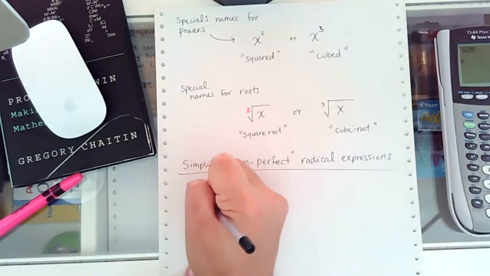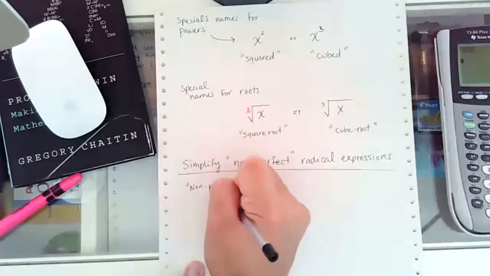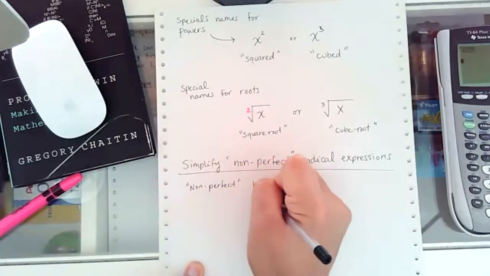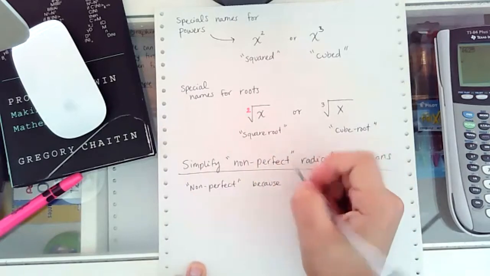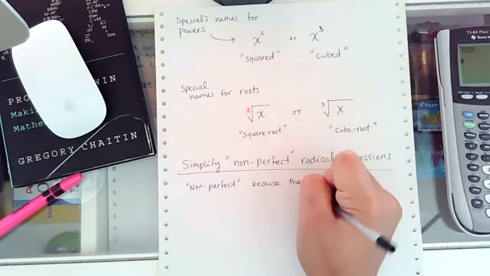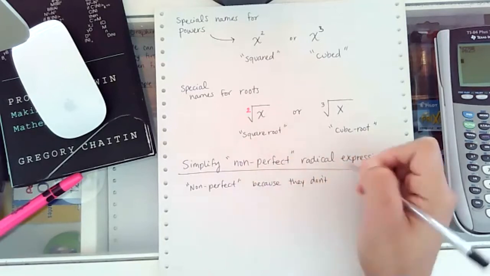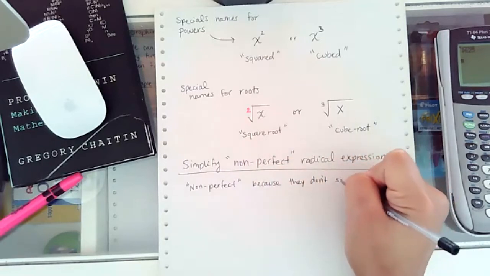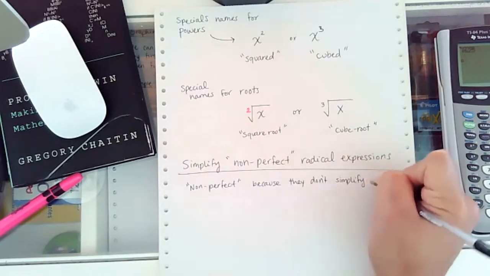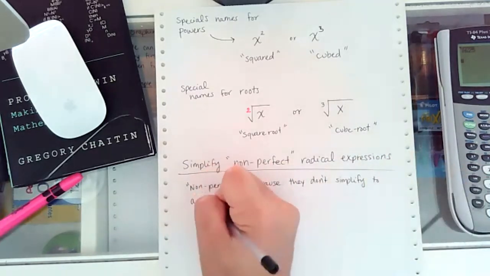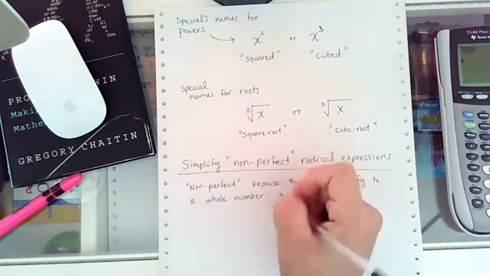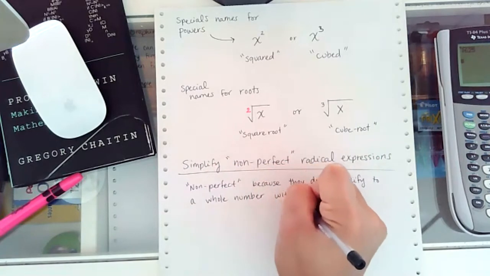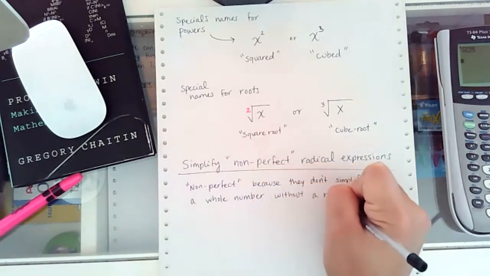We're going to call them non-perfect because they don't simplify to a whole number without a radical symbol.